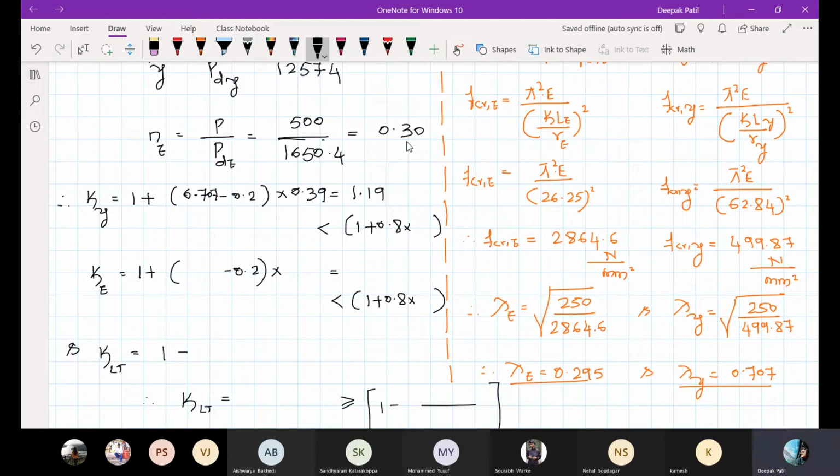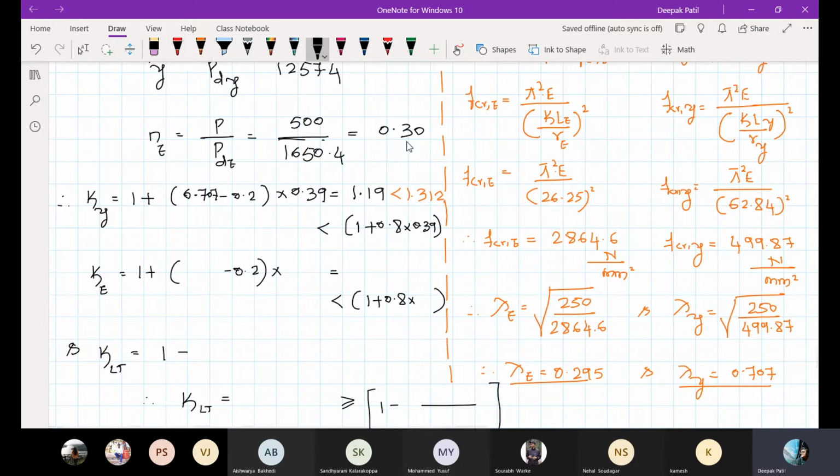And that should be less than 1 plus 0.8 times ny. 0.8 times 0.39 plus 1 comes out to be 1.312. So 1.19 is less than 1.312, so it is OK.